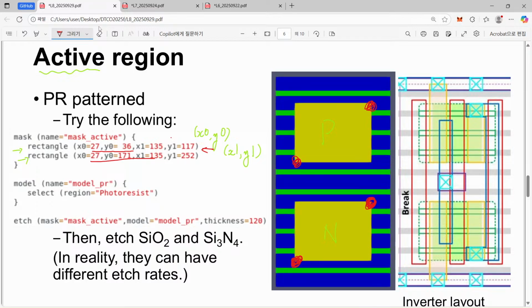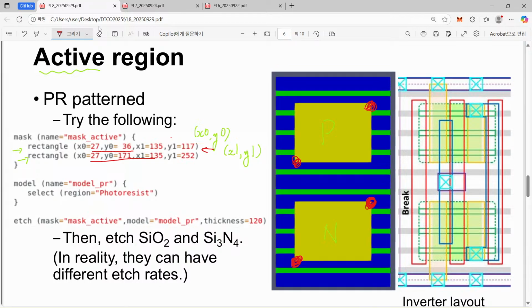So now these two rectangles are saved from our later etching process, or more precisely our exposure. Light exposure is saved for these two rectangles.